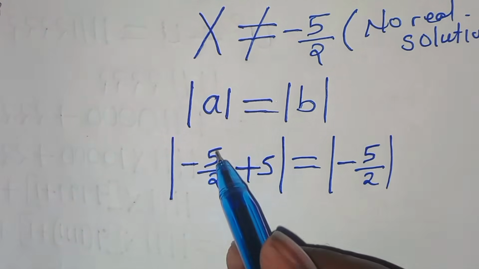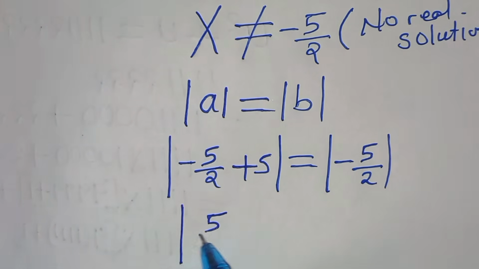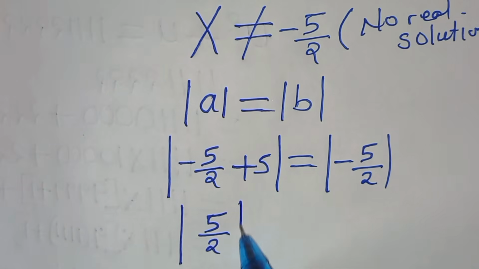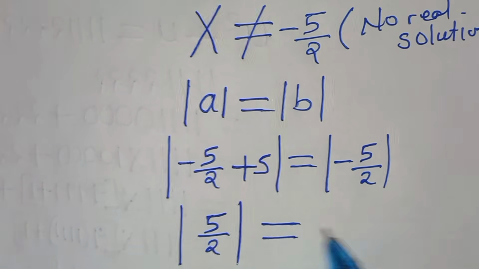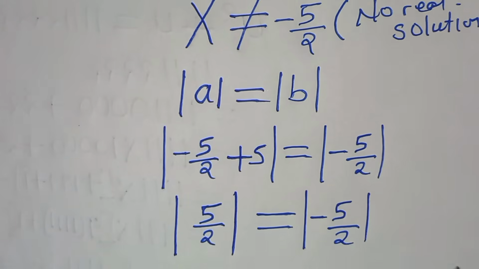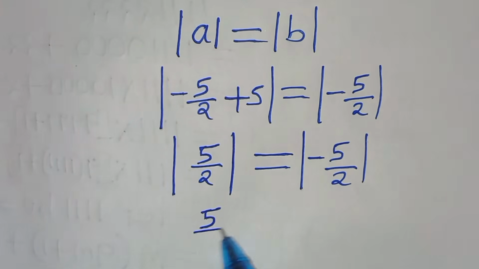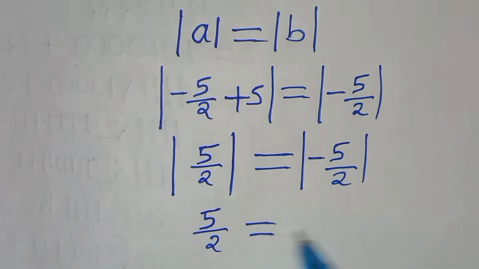Remember, minus 5 over 2 plus 5 is equal to 5 over 2. This is the absolute value of 5 over 2, which is equal to the absolute value of negative 5 over 2. And this implies that this is the same thing as 5 over 2, and this is equal to 5 over 2.